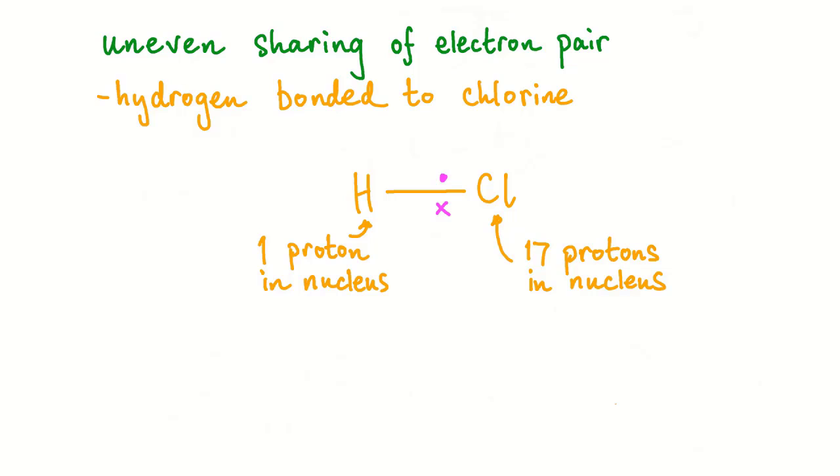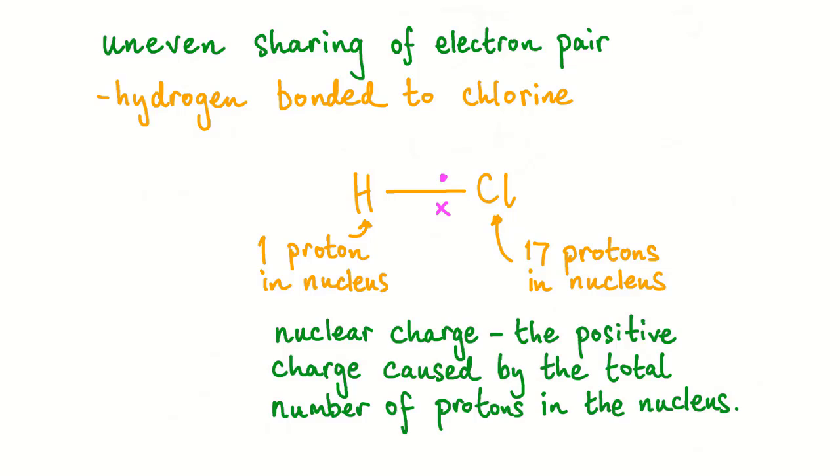This could occur if a hydrogen atom is covalently bonded to a chlorine atom. Chlorine has a much larger nucleus than hydrogen. Chlorine has 17 protons or positive charges in its nucleus versus hydrogen's 1. The total amount of positive charge found in a nucleus is often referred to as the nuclear charge.